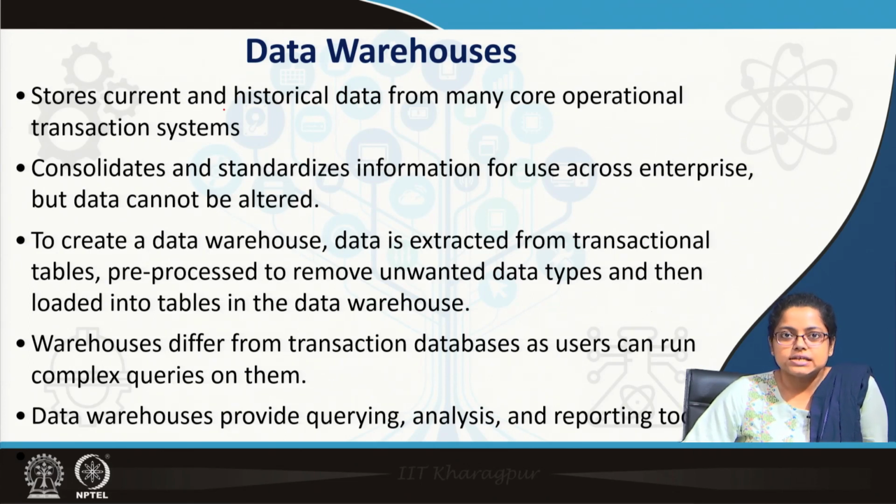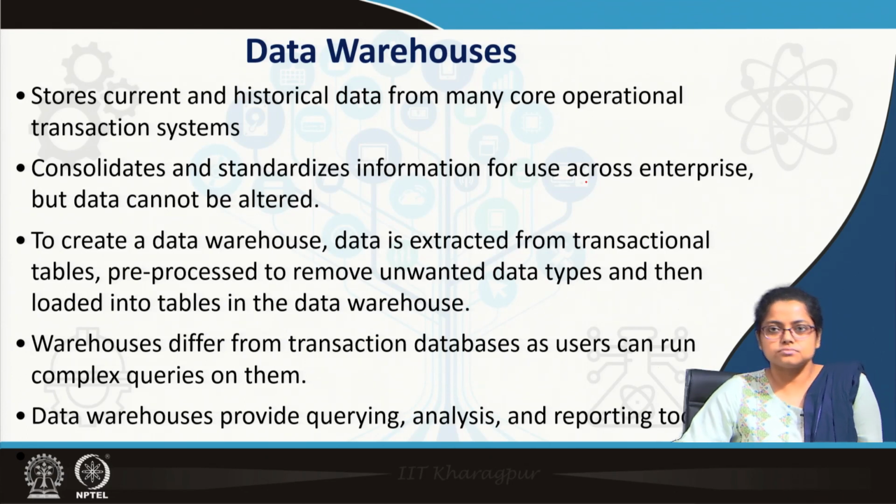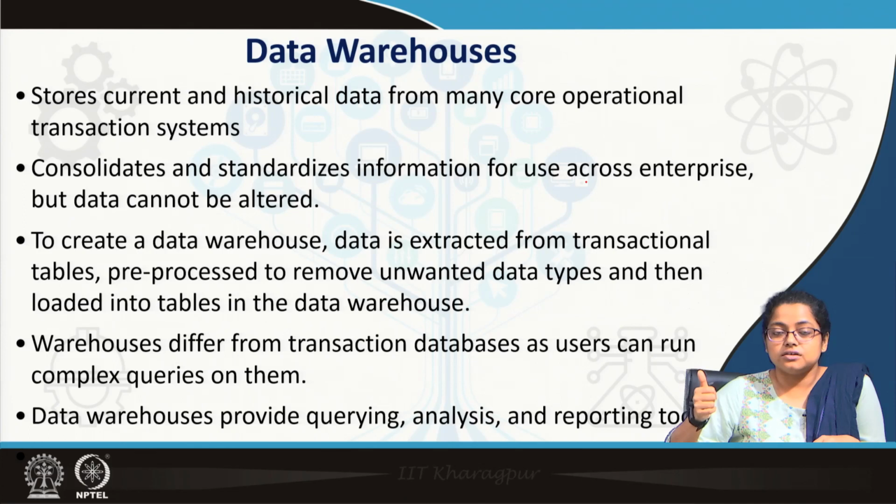It consolidates and standardizes information for use across the enterprise. So, from all the multiple databases across the enterprise, data is consolidated and stored in the data warehouse. But here there is a word of caution: data in a data warehouse can never be altered or modified.